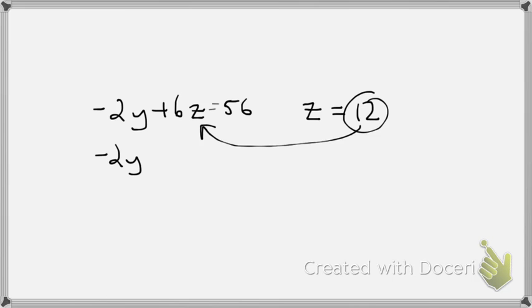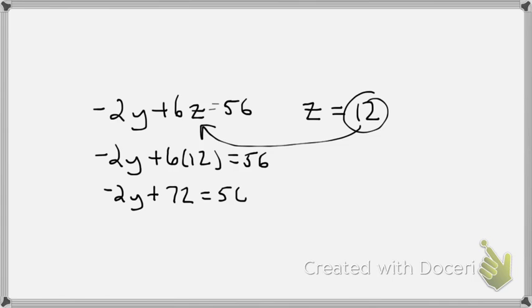So that's going to become negative 2y plus 6 times 12, which is 72, equal to 56.